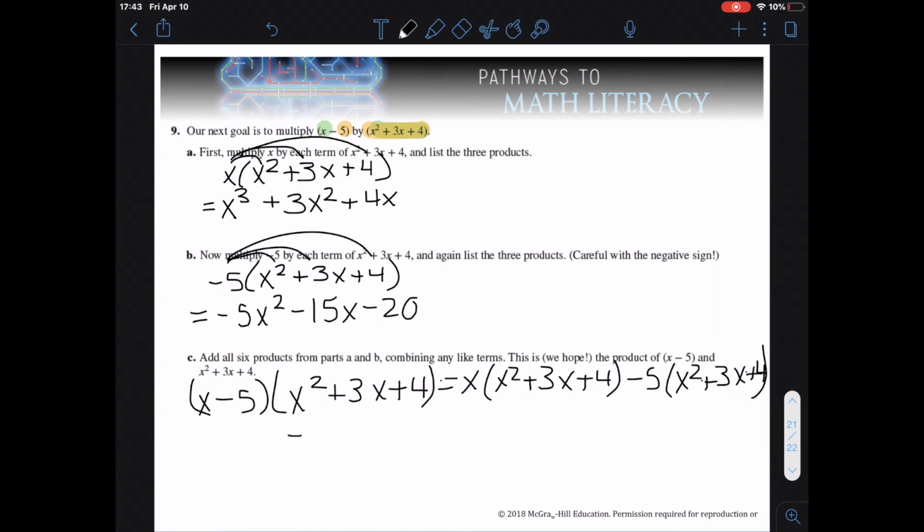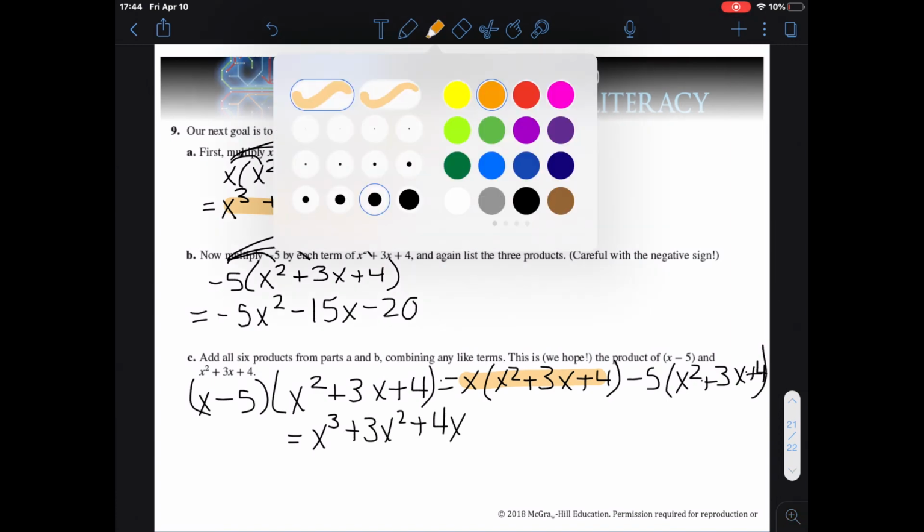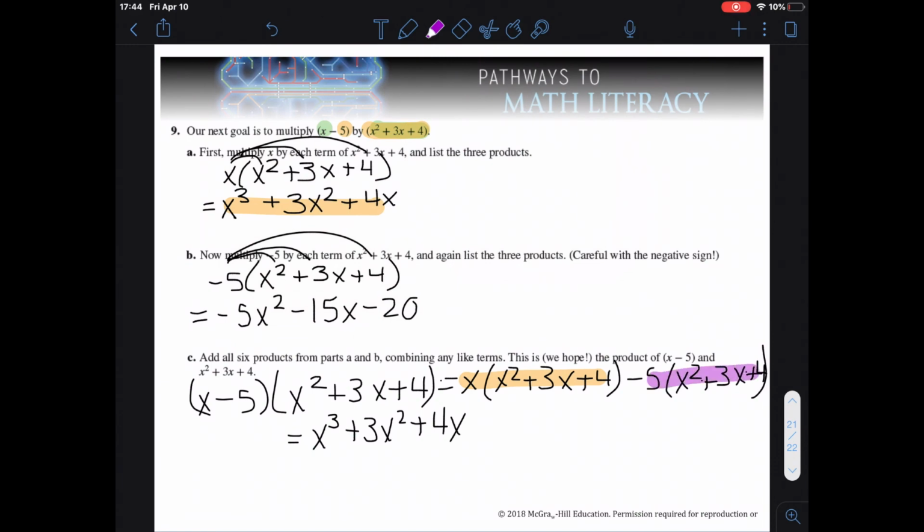And we've done both of these. The x times the x squared plus 3x plus 4 is right up here. So that's x cubed plus 3x squared plus 4x. And then the minus 5 times that expression is right here. So that's minus 5x squared minus 15x minus 20.